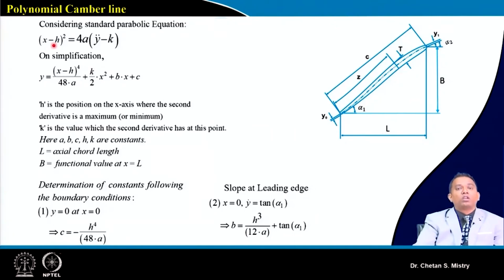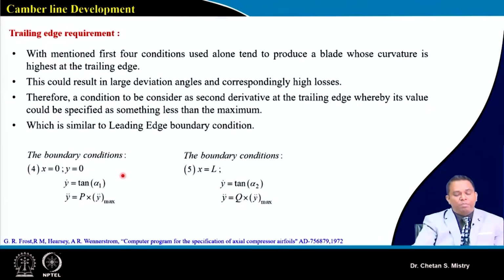Now in order to develop this polynomial camber line, we need to select some equation. Now there is good literature available, very old literature, but still giving very good understanding and explanation for the development of such kinds of camber lines.